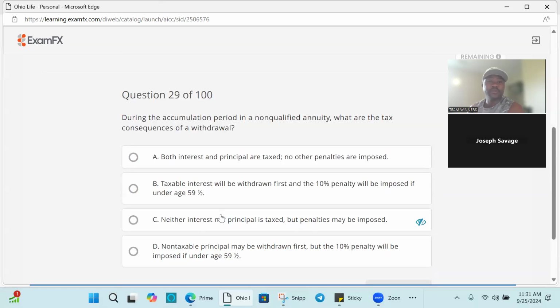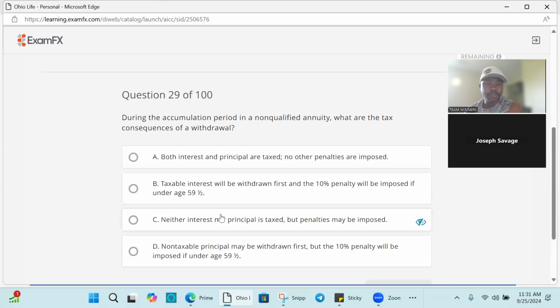During the accumulation period of a non-qualified annuity, what are the tax consequences of a withdrawal? Both interest and principal are taxed, no other penalties. Taxable interest will be withdrawn first, and a 10% penalty will be imposed if under age 59 and a half. Neither interest nor principal is taxed, but penalties may be imposed.